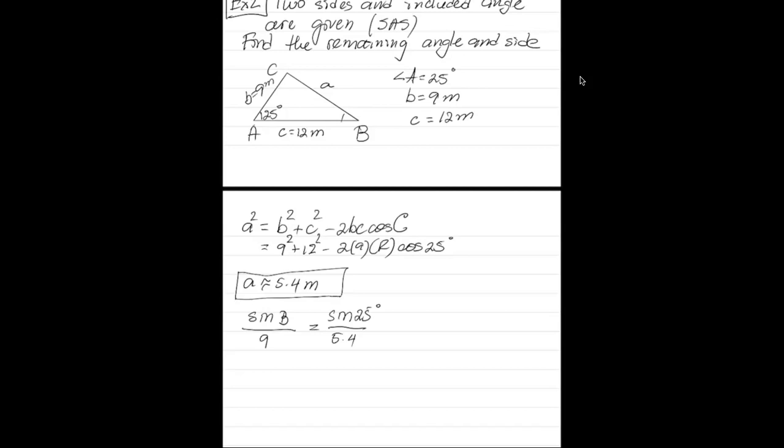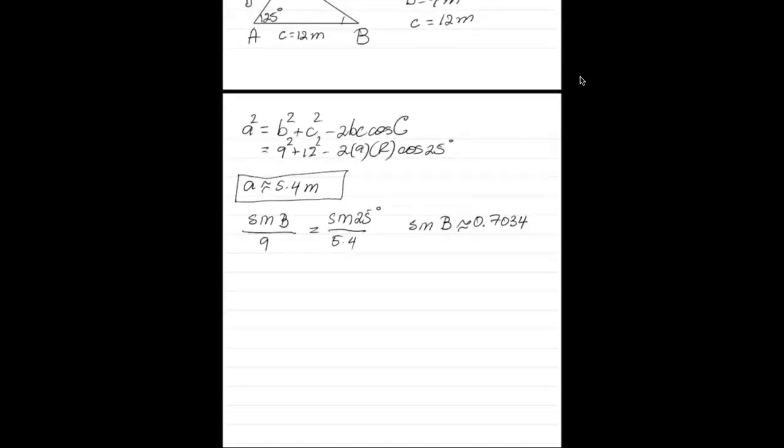Cross multiply. From here, we find sine of angle B is approximately 0.7034, and there are two angles whose sine is 0.7034.